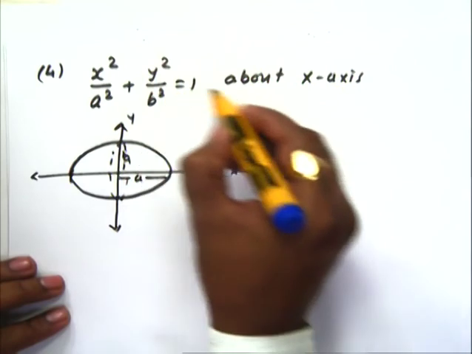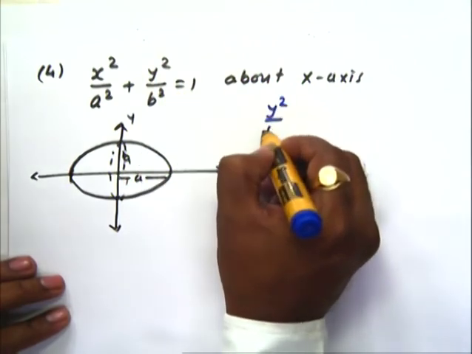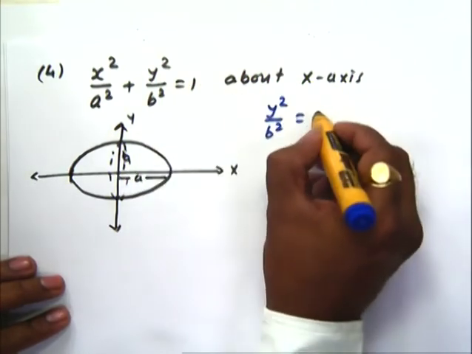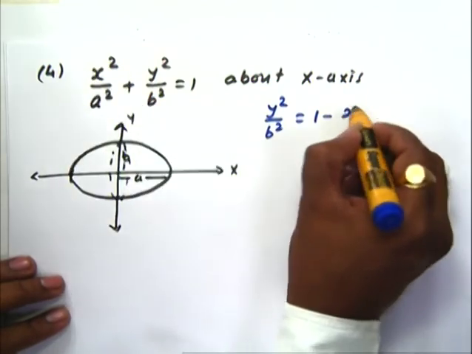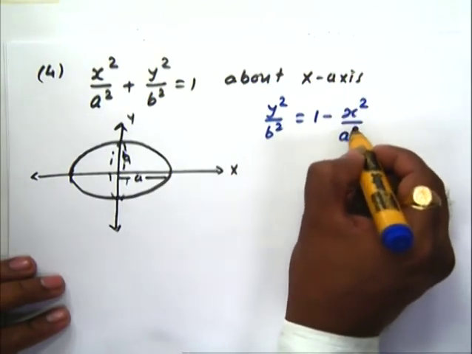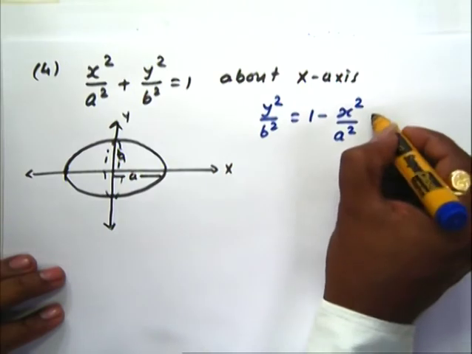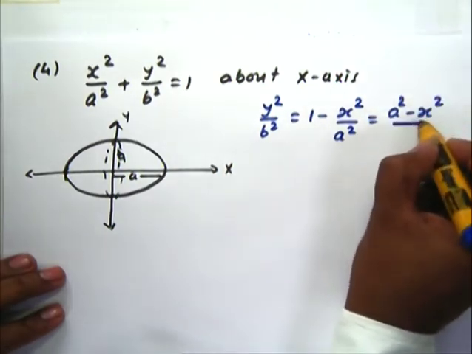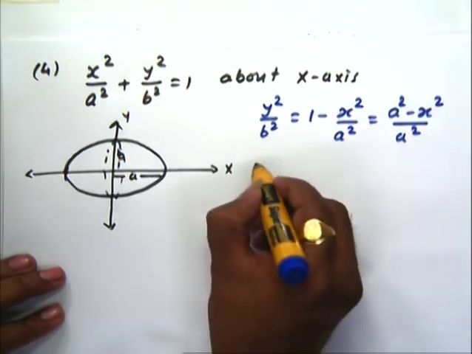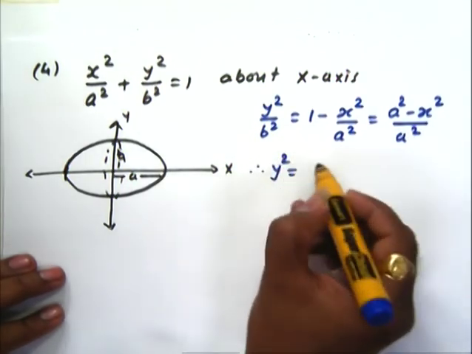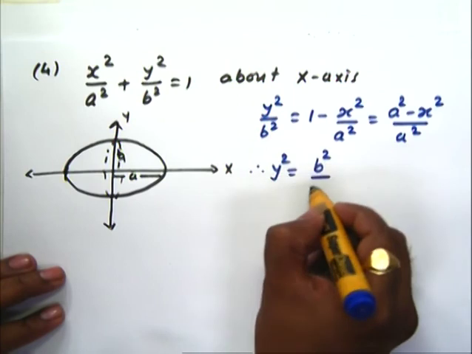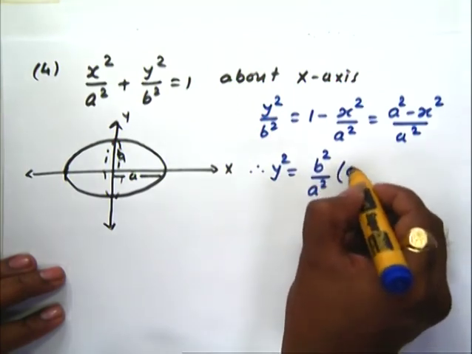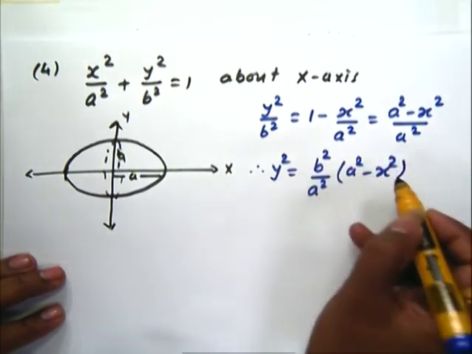So y square by b square equal to 1 minus x square upon a square, which is equal to a square minus x square upon a square. Therefore y square equal to b square upon a square into a square minus x square. This is our function y square.